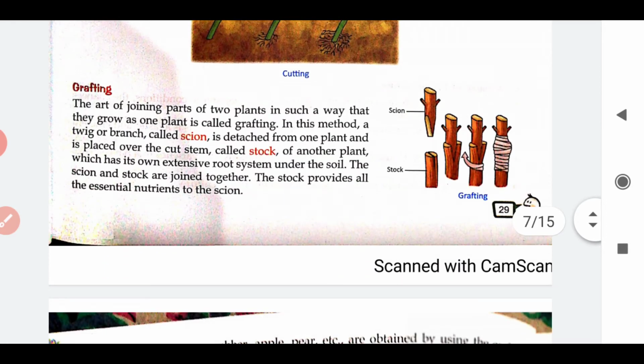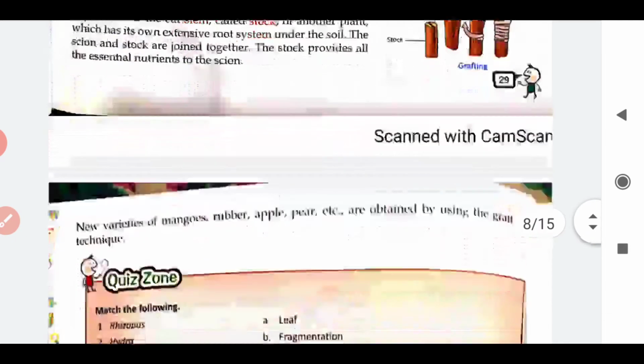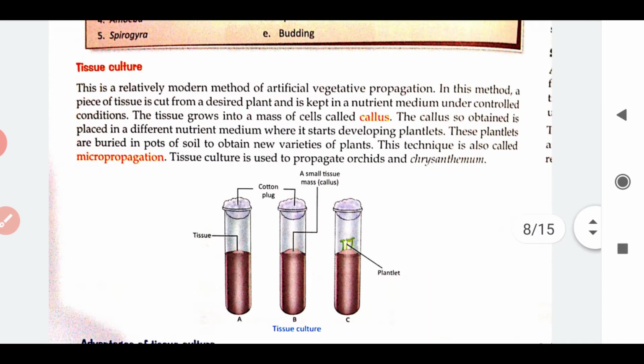In grafting, we basically use two types of plants, cut them, then join them, and a new plant is formed which has the qualities of both plants. Then tissue culture is the artificial method of growing a plant in which we give proper nutrients and proper medium and we develop a new plant.